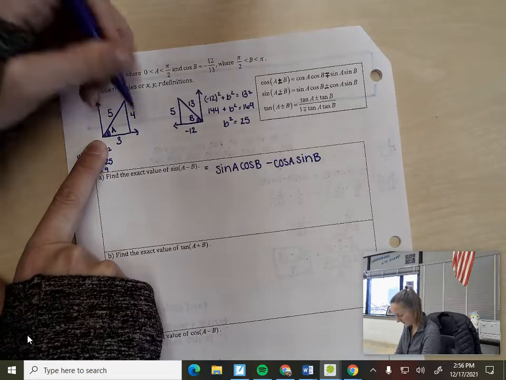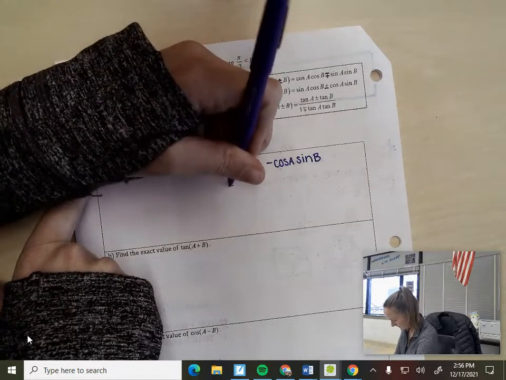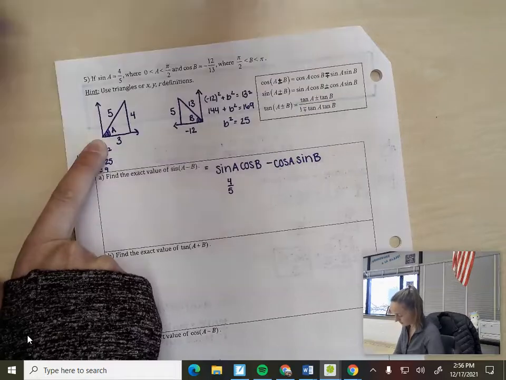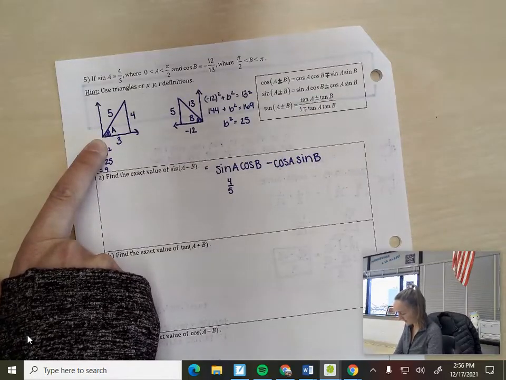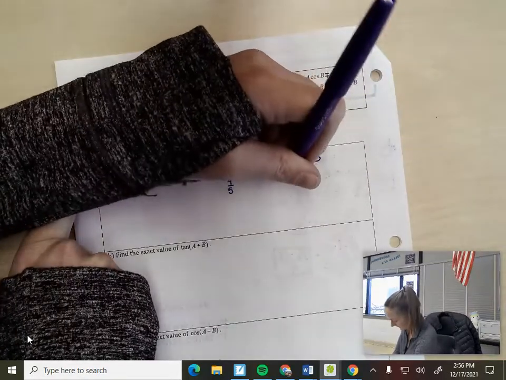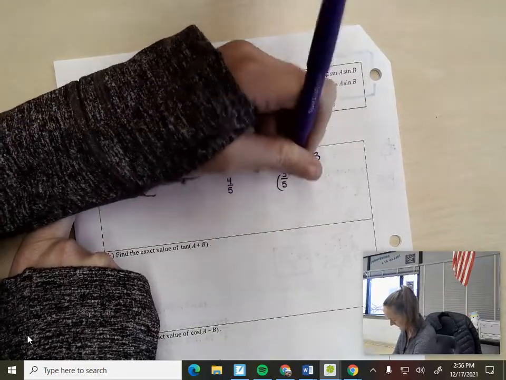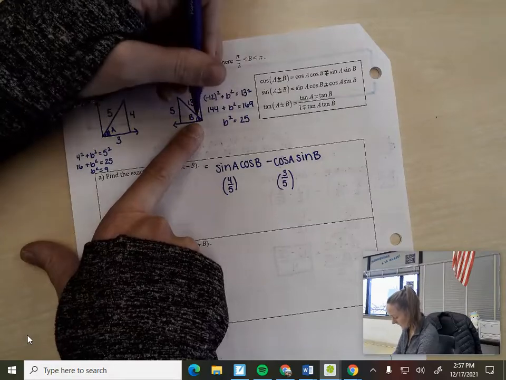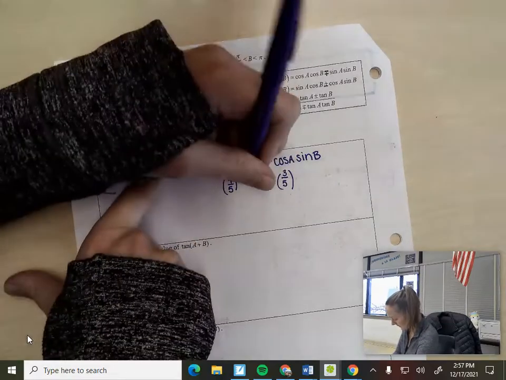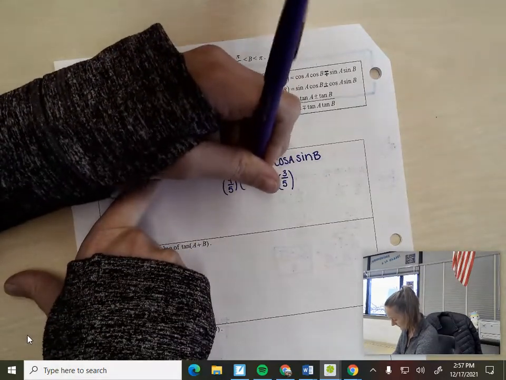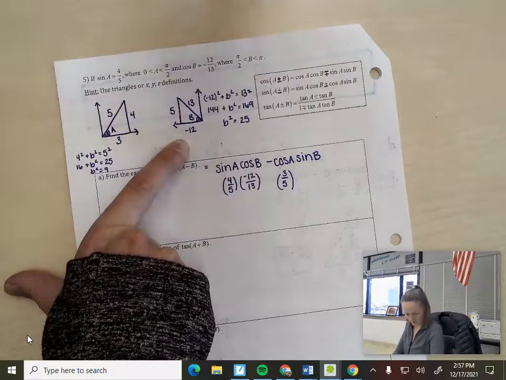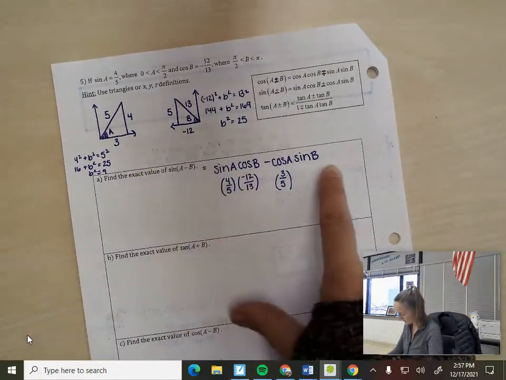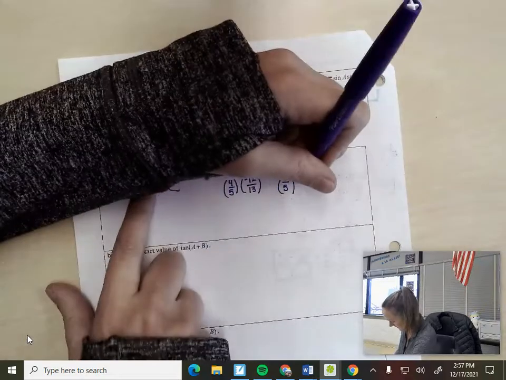Sine of A is 4/5. I'm just going to stick with this and do cosine of A while I'm at it. Cosine of A would be 3/5. Okay. Now I'm going to do my B angle. Here's B. Cosine of B is negative 12 over 13. And sine of B is 5 over 13.